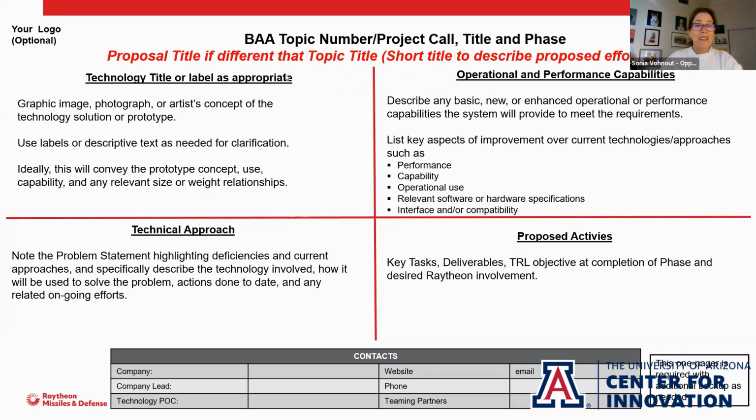But then this is what the quad chart looks like if you're going after a particular proposal topic, for NASA or DOD. DOD is due March 8th and NASA's due March 13th. NSF just passed two days ago.